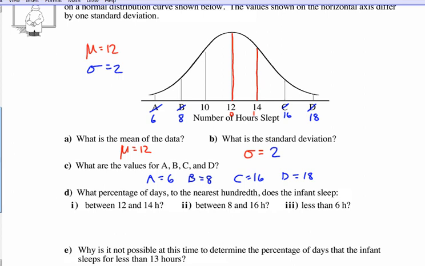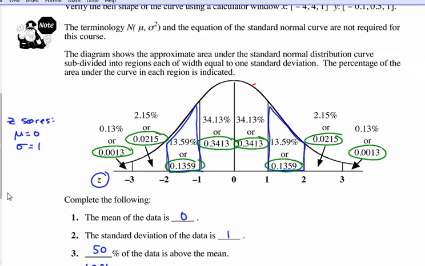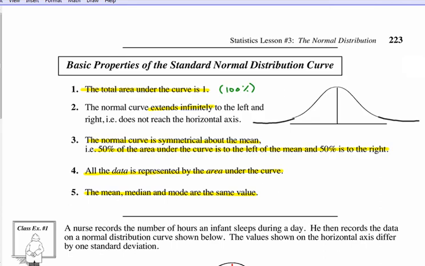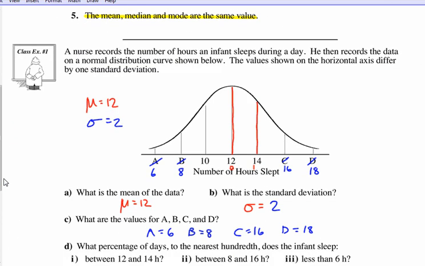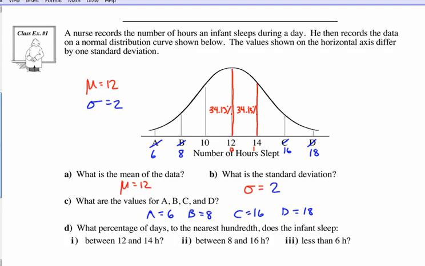Looking at our curve on the other page, between 0 and 1 was 34.13%. So you might want to just fill in these percentages. We have 34.13% and 34.13%. Between 1 and 2 standard deviations was 13.59%.